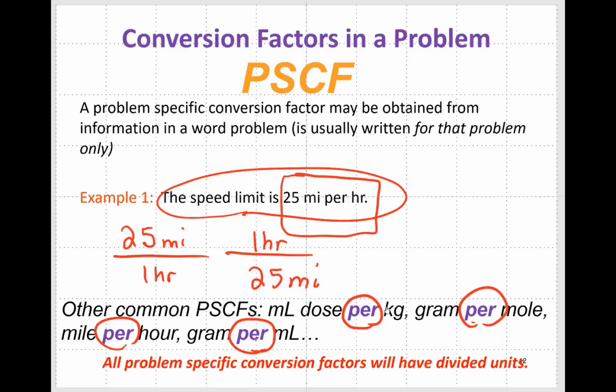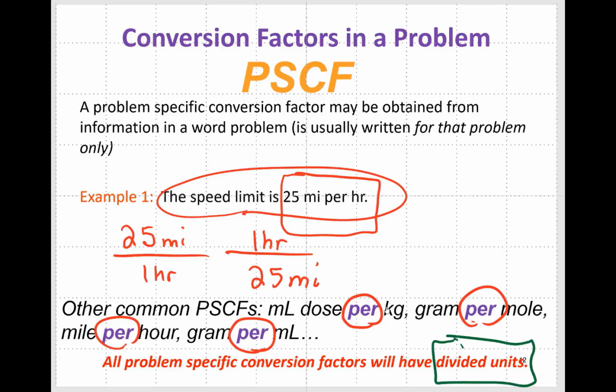Another way that you can recognize problem-specific conversion factors is the problem having divided units. So instead of this problem saying 25 miles per hour, it could have just been written as 25 miles divided by hours. So those are ways to recognize problem-specific conversion factors.